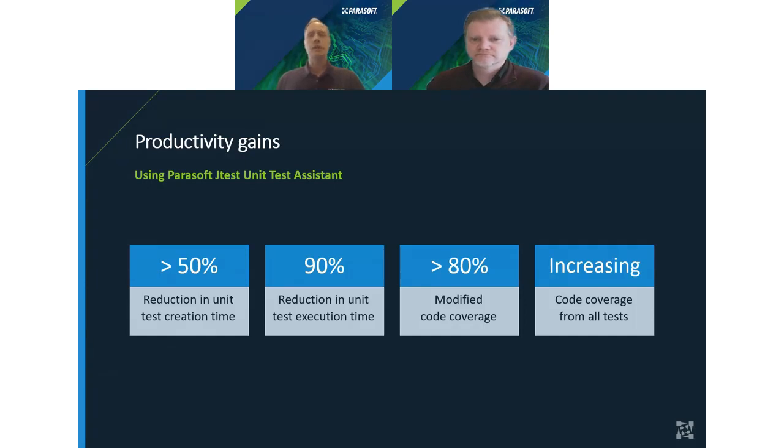With these techniques, you can enforce good development practices and make sure you get the high levels of code coverage you need using modified code coverage. And using that technique, you can continue increasing your code coverage across all of your tests from all your testing practices, continually improving the amount of testing you have in your application.